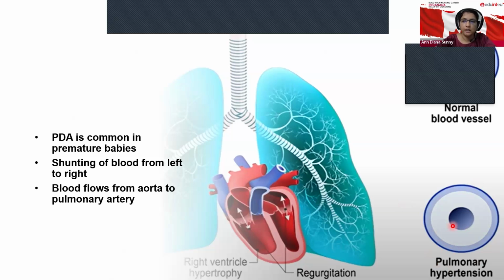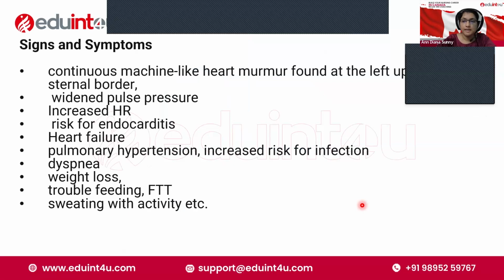Patent ductus arteriosus is commonly seen in premature babies, and as we already discussed, there is a shunting of the blood from the left side of the heart to the right side of the heart, that is from aorta to pulmonary artery.